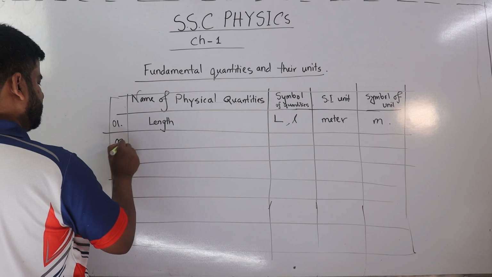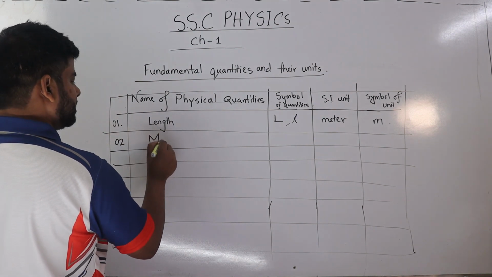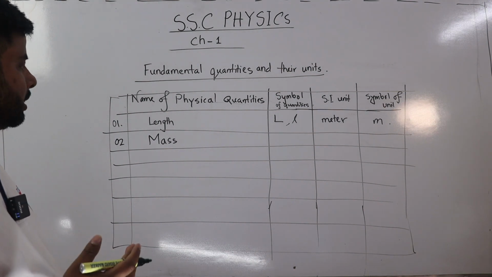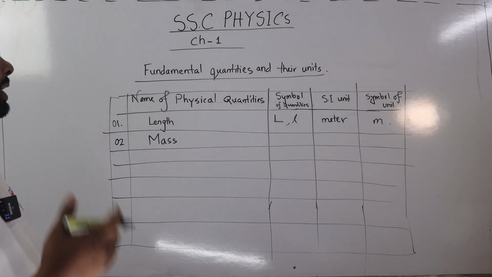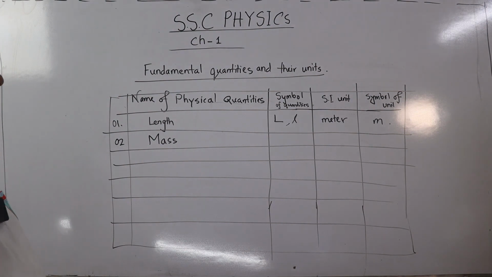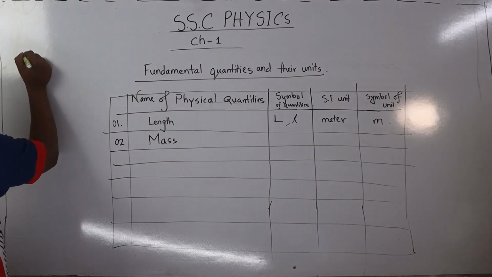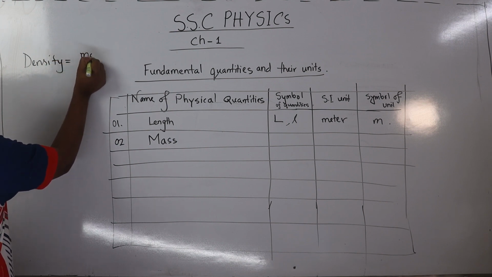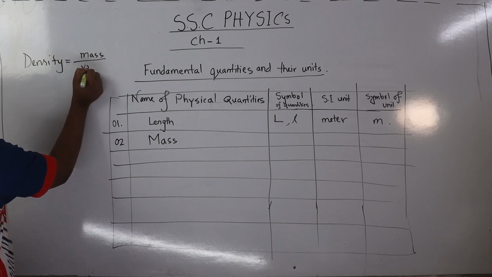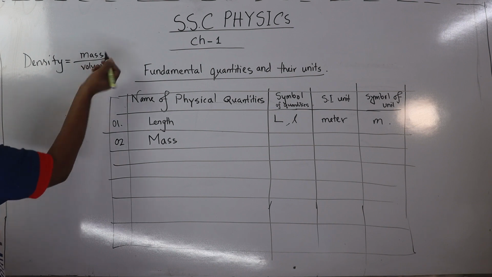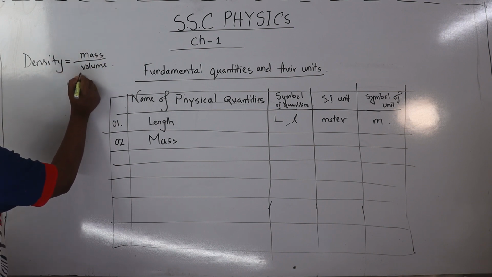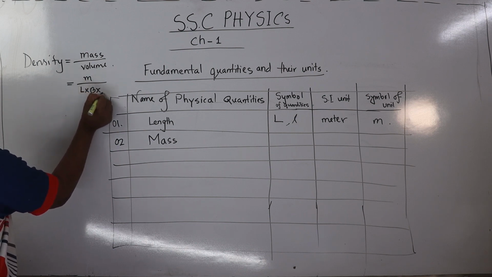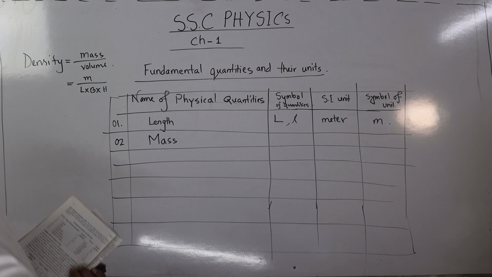Number two, mass. Mass is a fundamental quantity because it does not depend on other quantities, rather other quantities depend on it. For example, density equals mass divided by volume, and volume is also a derived quantity: length times breadth times height.